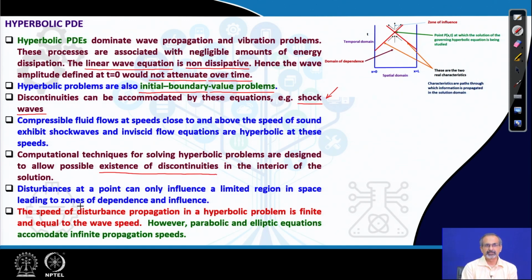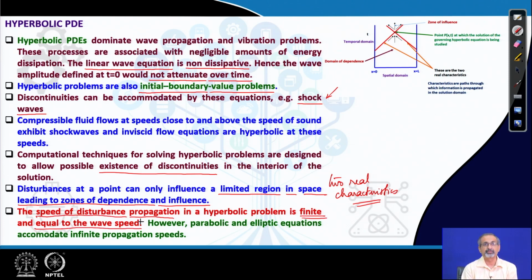And again, disturbances at a point can only influence a limited region in space, leading to zones of dependence and influence, which we have seen earlier. We discussed the existence of two real characteristics which distinguish those regions. Another very important point: the speed of disturbance propagation in a hyperbolic problem is finite.